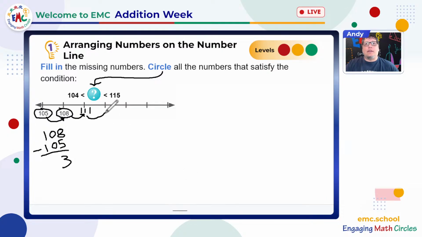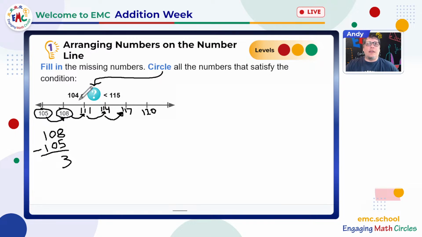Three more than that gives us 114. And we keep going. We get 117 and 120.